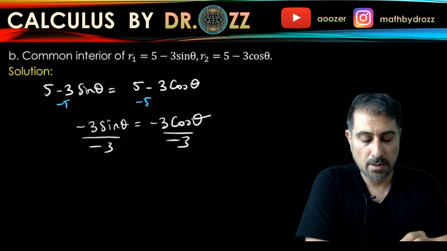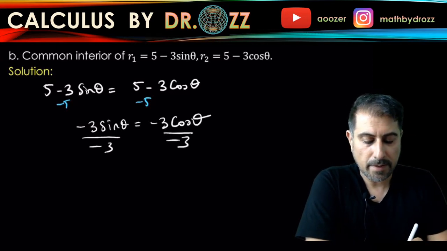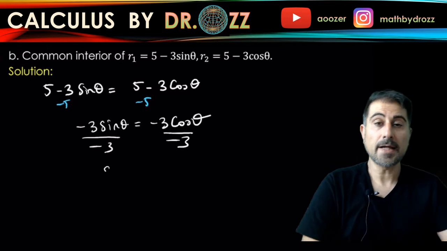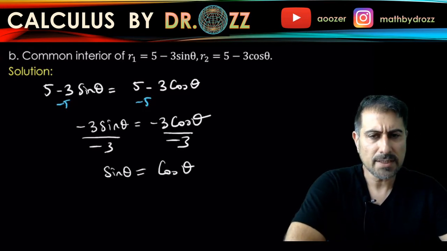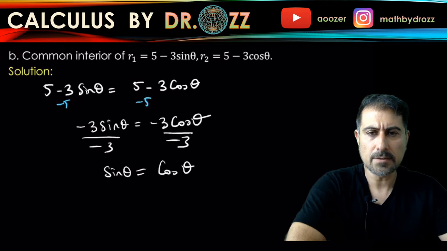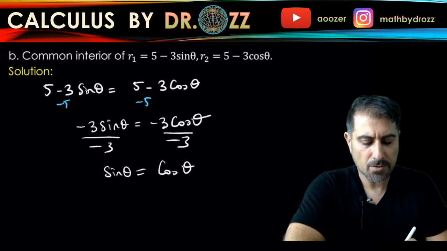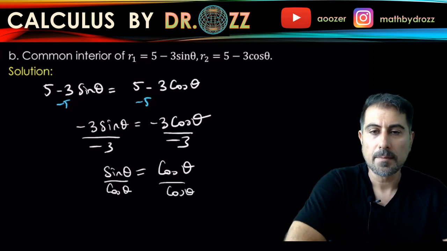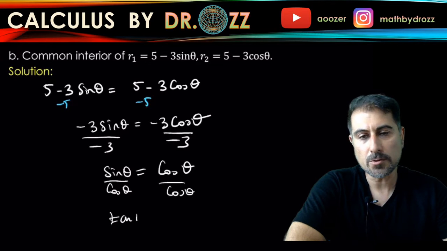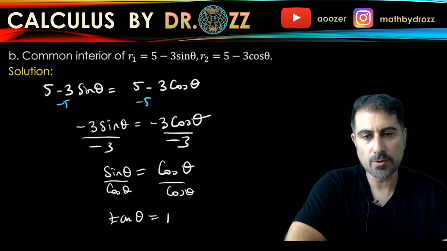So sine theta equals cosine theta. You can go ahead and divide both sides by cosine, so that you get tan theta equals 1.